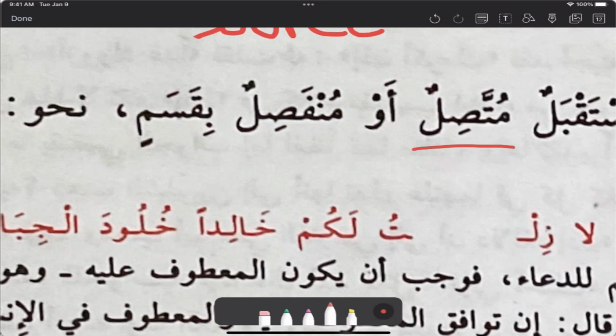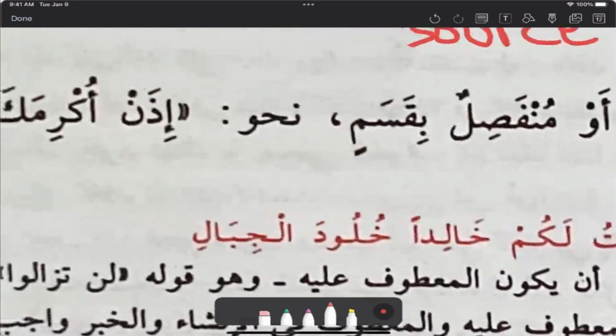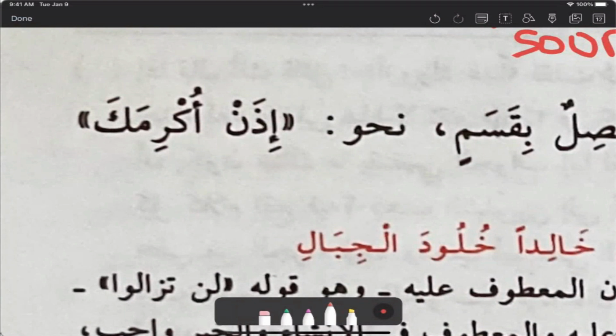Then I swear to God, I will be hospitable to you. So it got separated from the verb by a swear. naHw, such as idhan ukrimak, then I shall be hospitable to you. So all the conditions are fulfilled there.